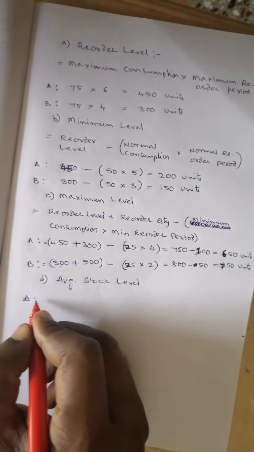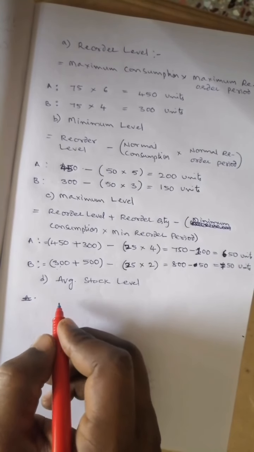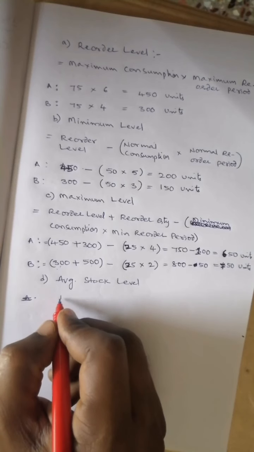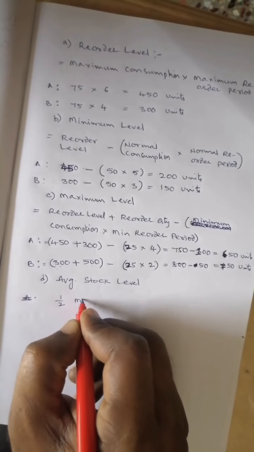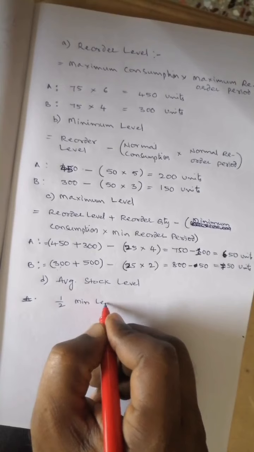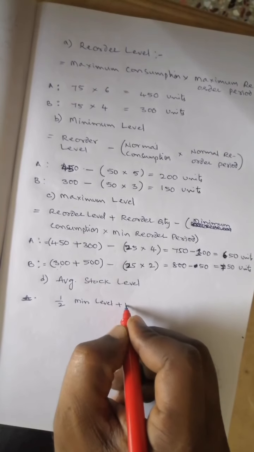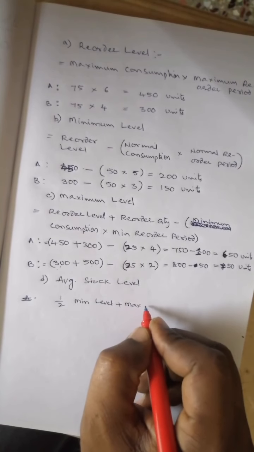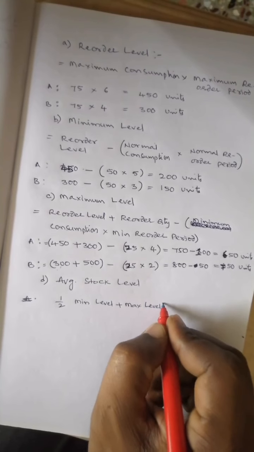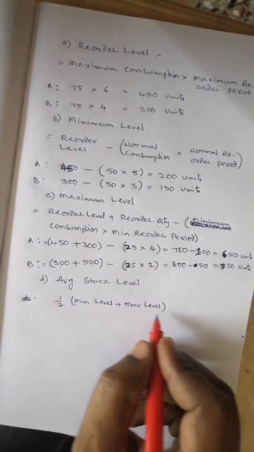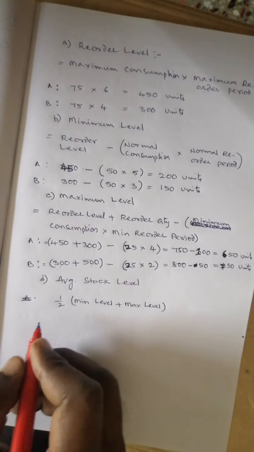Let us follow the simple equation like A plus B by 2, 1 by 2 of minimum level plus maximum level. In other words, minimum level plus maximum level by 2.